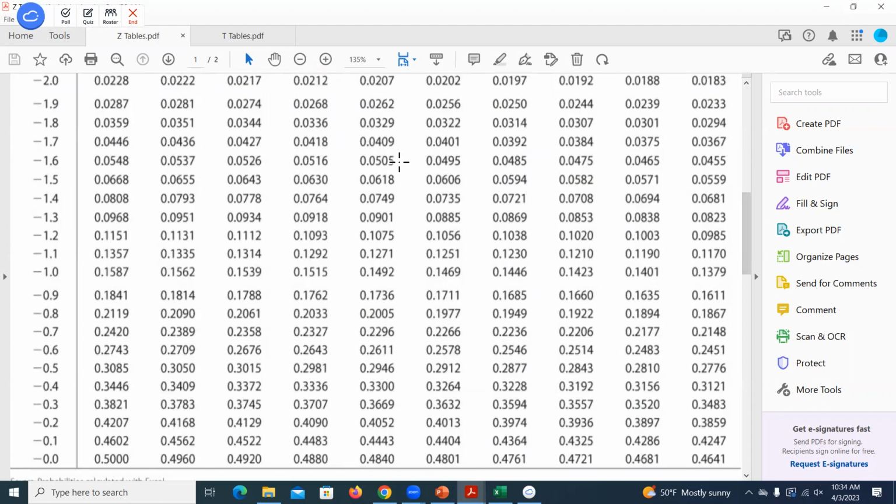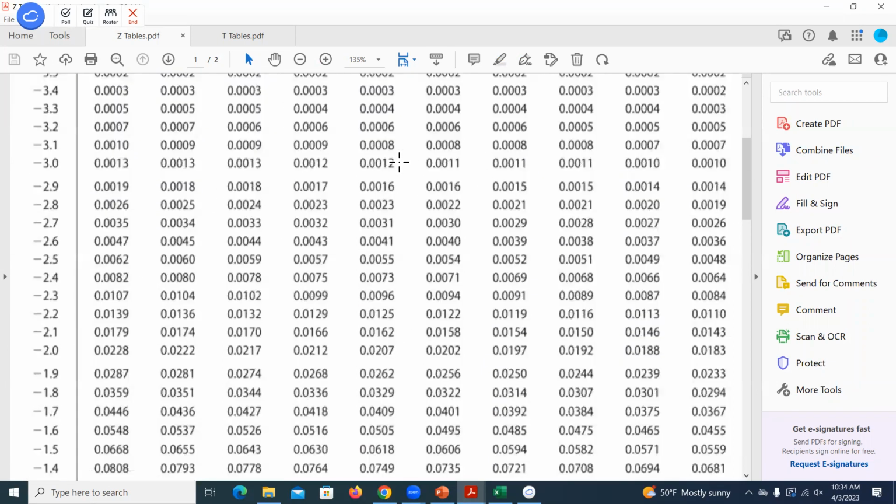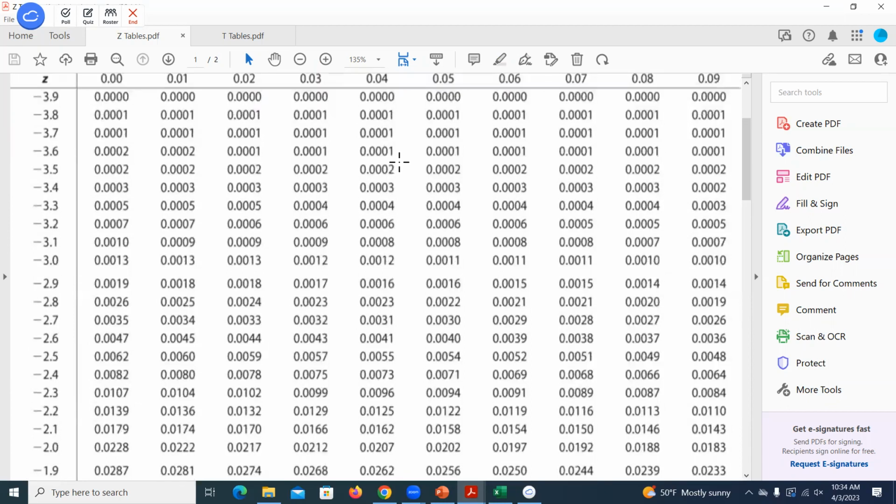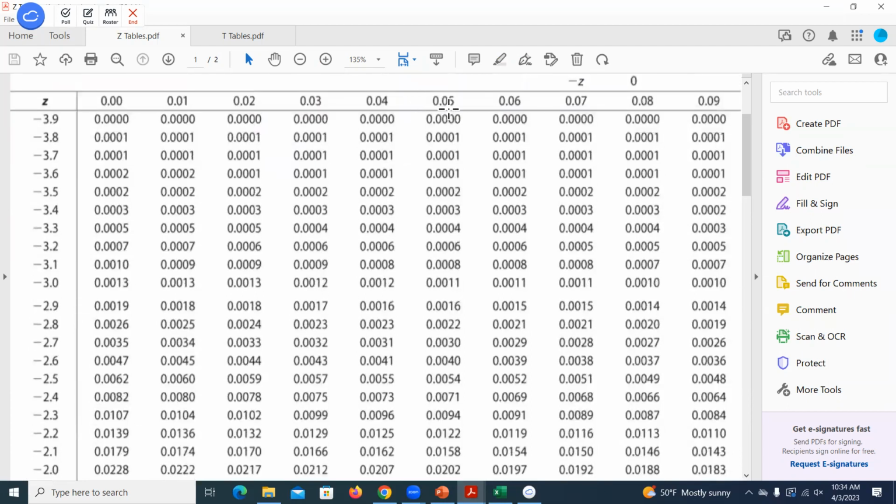So negative 1 point, I can keep going up. 1.4, negative 1.5. So negative 1.65. However, why is that not going to be the critical value that gives me 0.05 in the upper right tail? When I looked up 0.05 in this table, the way the Z table works is that's actually the area in that left tail.